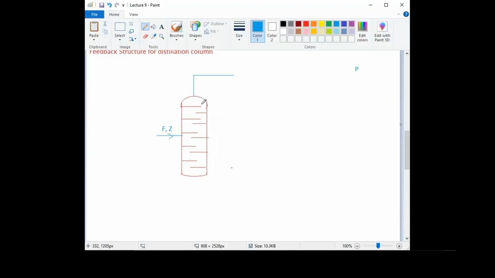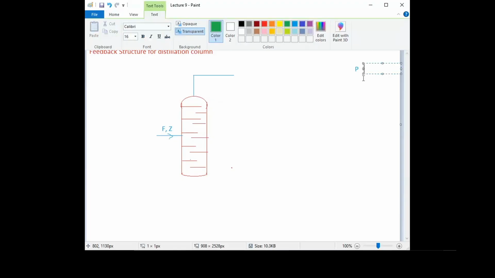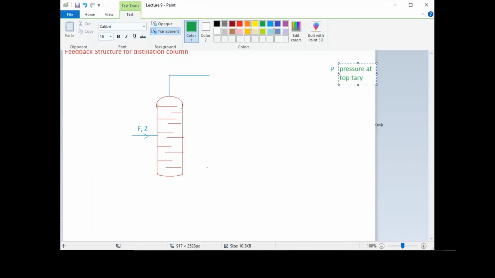So for the feedback control of this, what we do, so first of all, because the pressure at the top tray, here this is the pressure at top tray. This is our first variable.